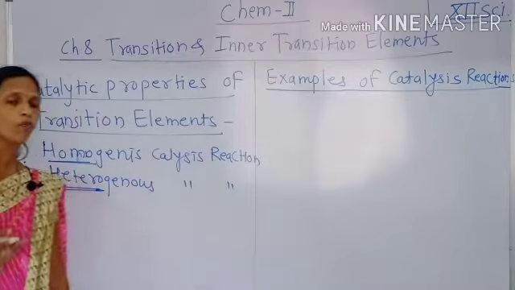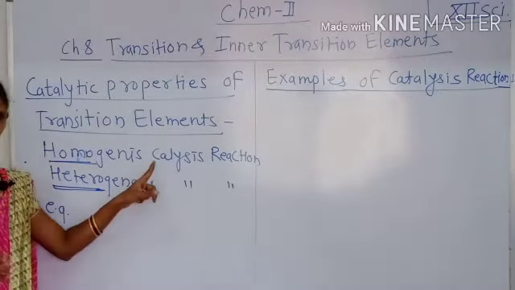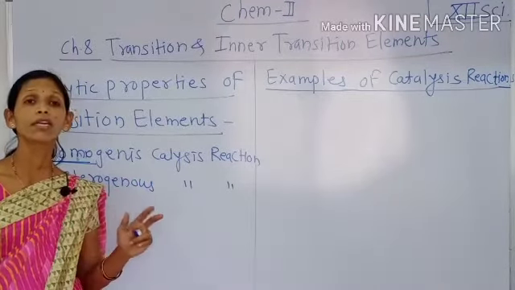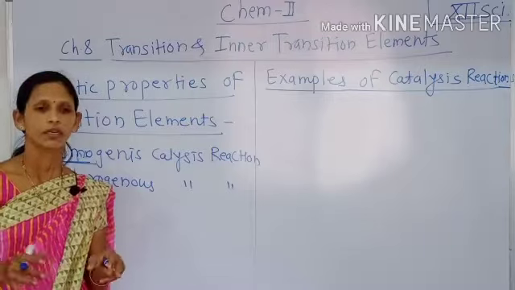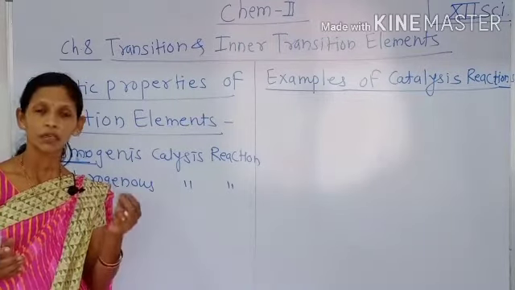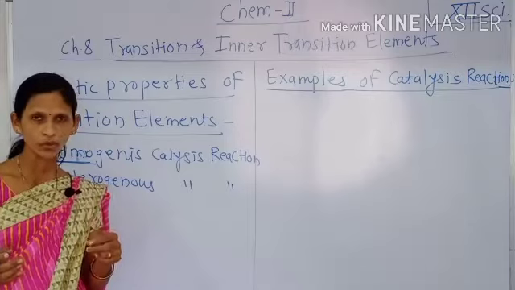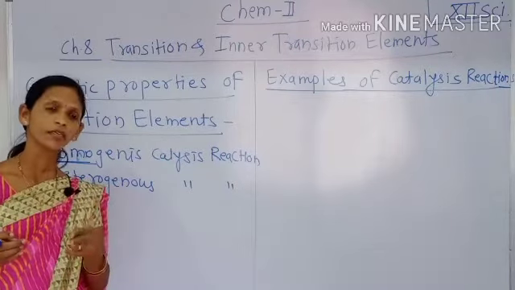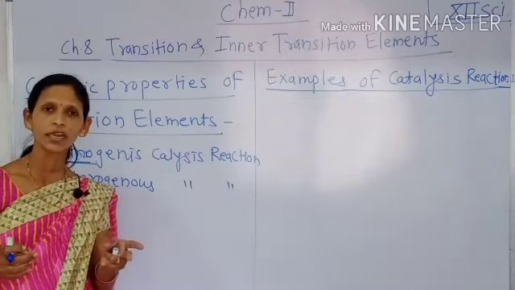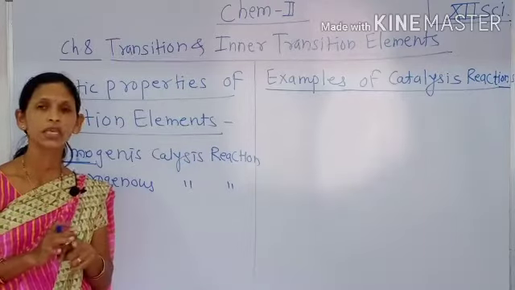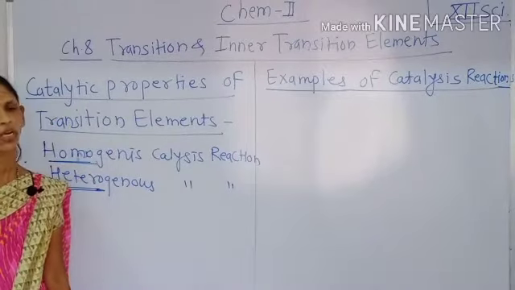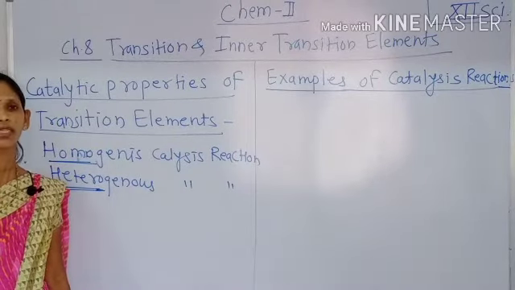Then in homogeneous catalysis reactions, the metal ion participates by forming an unstable intermediate. All of you know that an intermediate compound means the complex compound which is formed due to the reaction between reactant and catalyst. As the reactant and catalyst are in the same phase in a homogeneous reaction, they form unstable complexes, which are called intermediate compounds or intermediate complexes.